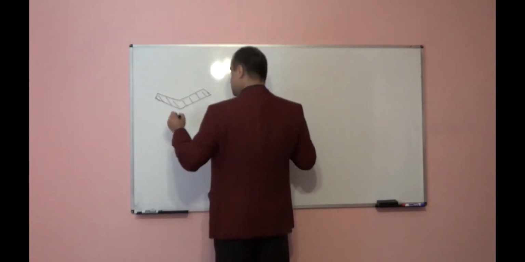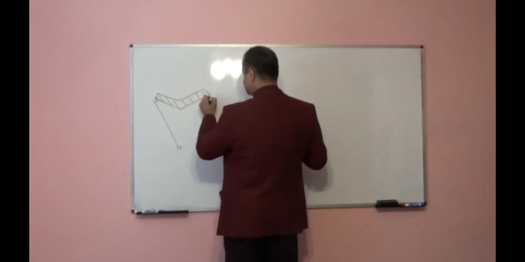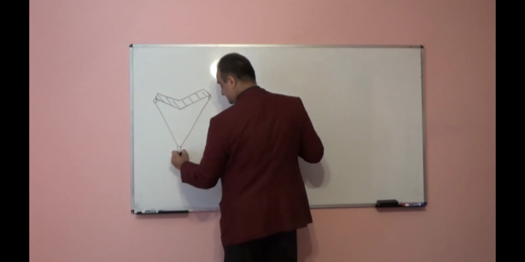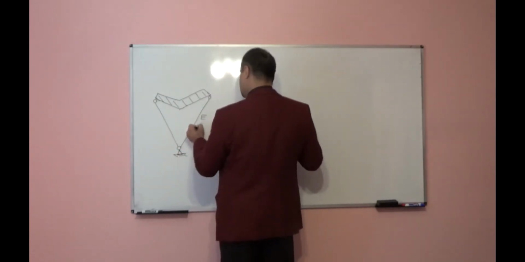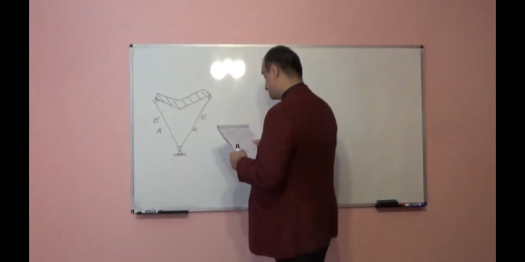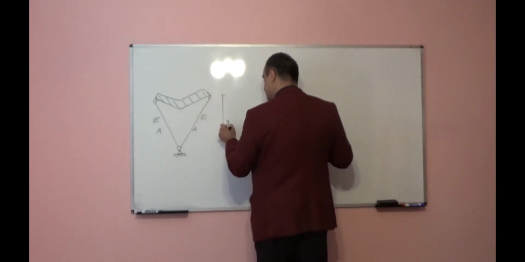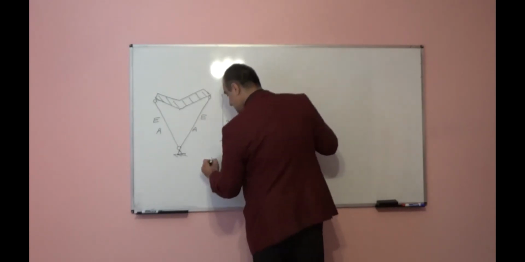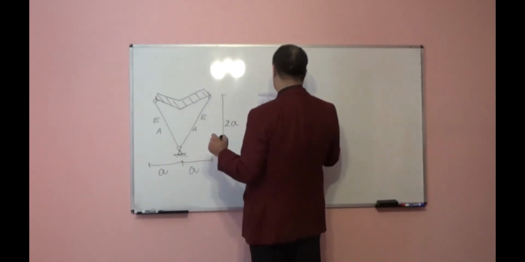I attach this link to two supports using 4 rods. EA, EA. From here to here it is 2a. Each side is lowercase a.